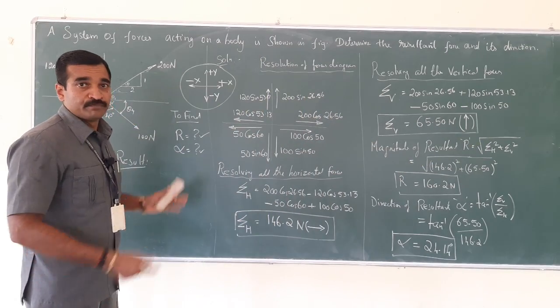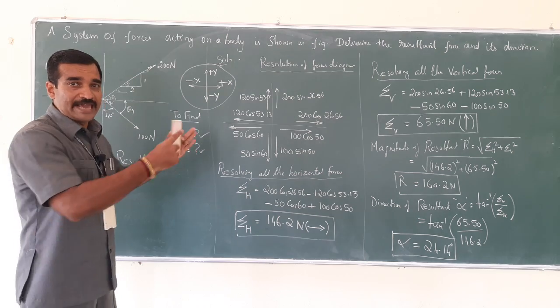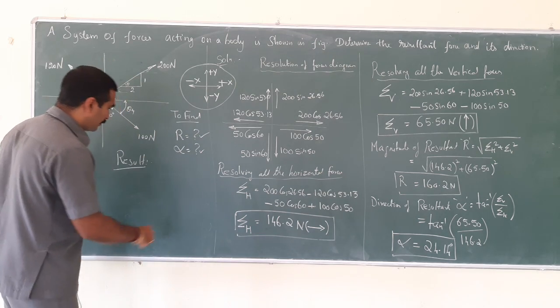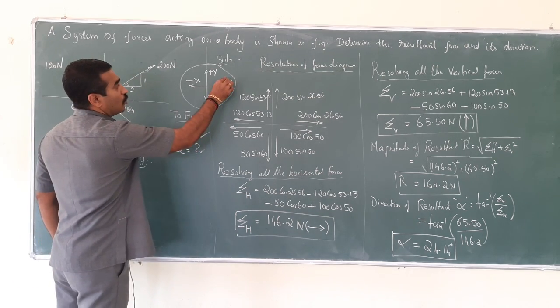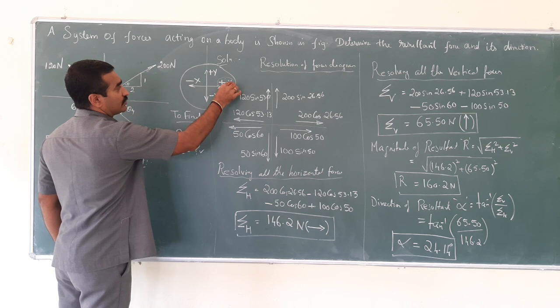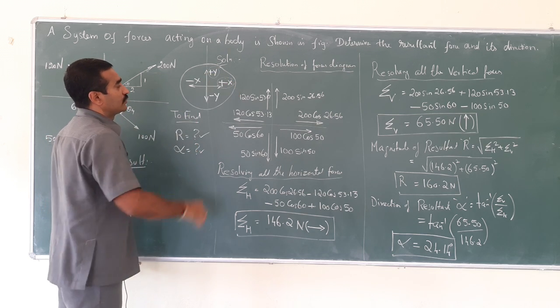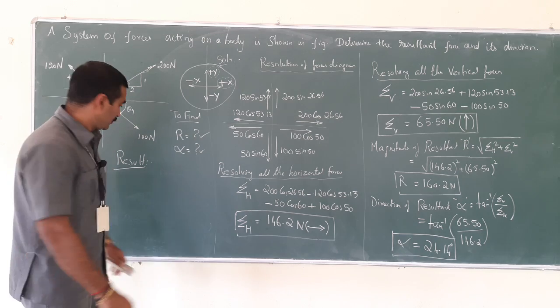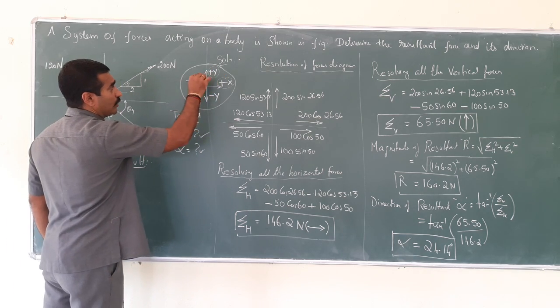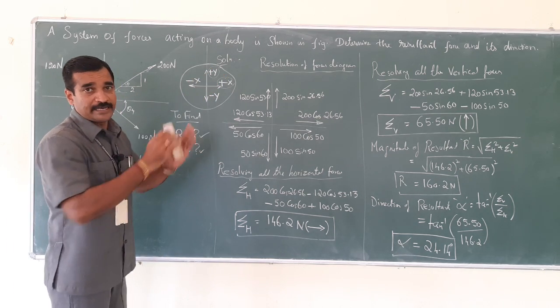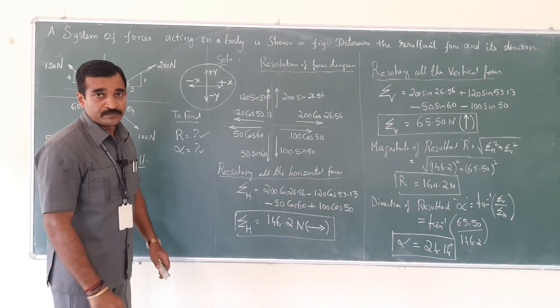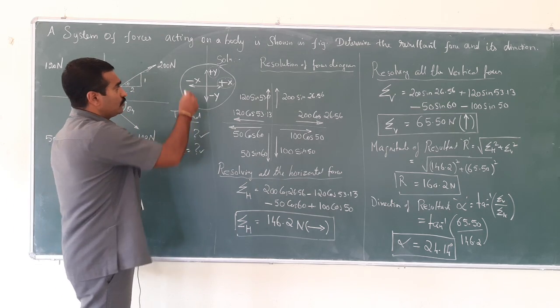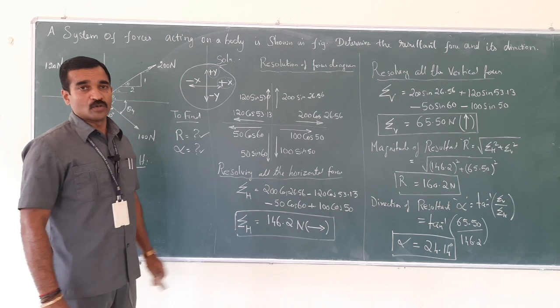Therefore, this resultant will lie in the first quadrant, where summation H is positive and summation V is also positive. Based on this sign, we draw the graphical representation. If it carries a negative sign, then you'll have to choose the particular quadrant.